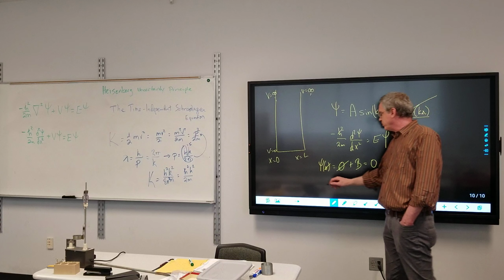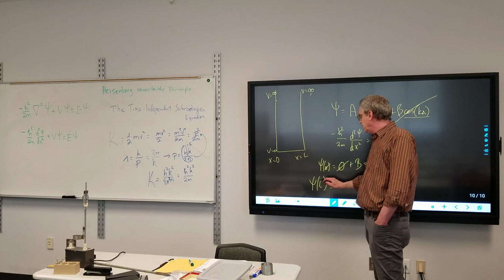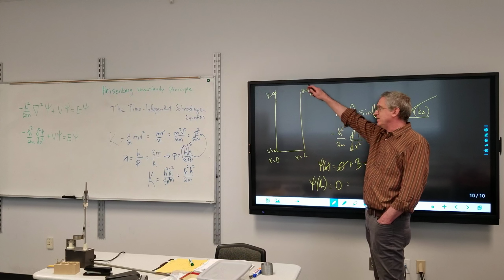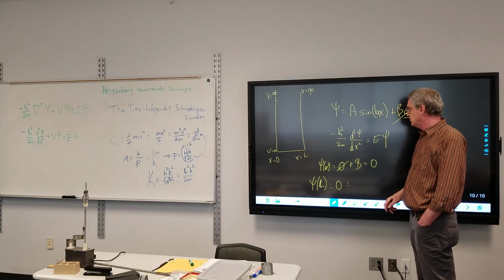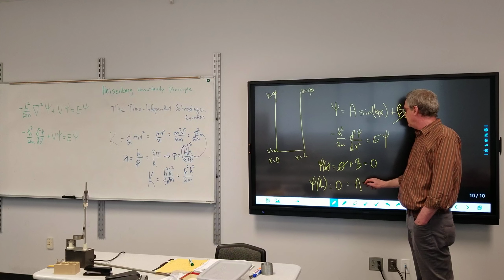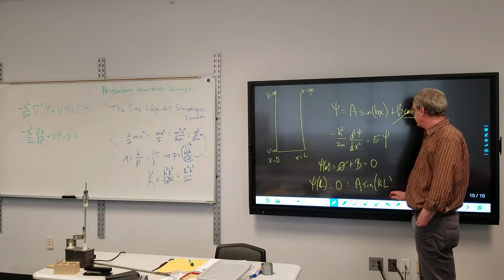We have one other boundary condition. I know that psi when x is L is equal to 0, because again, the particle cannot exist at the wall. That is equal to A sine of KL.